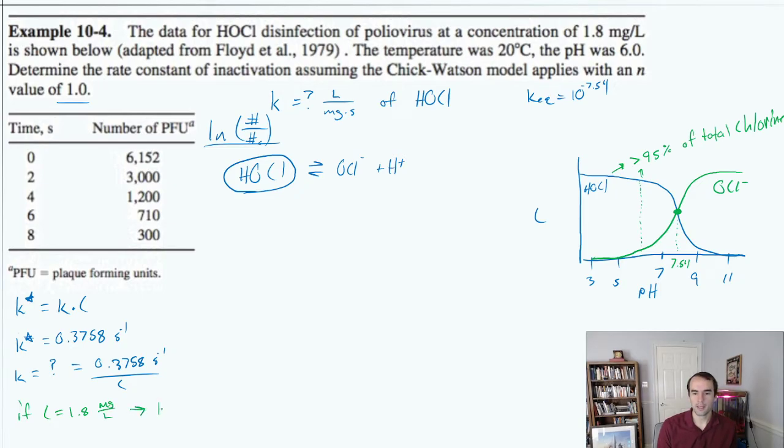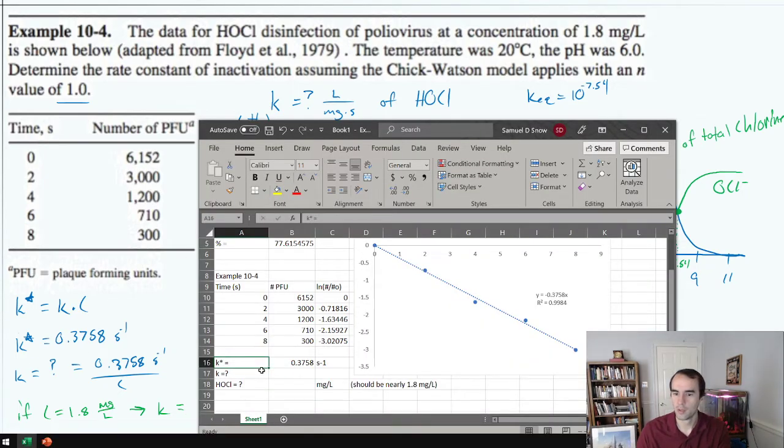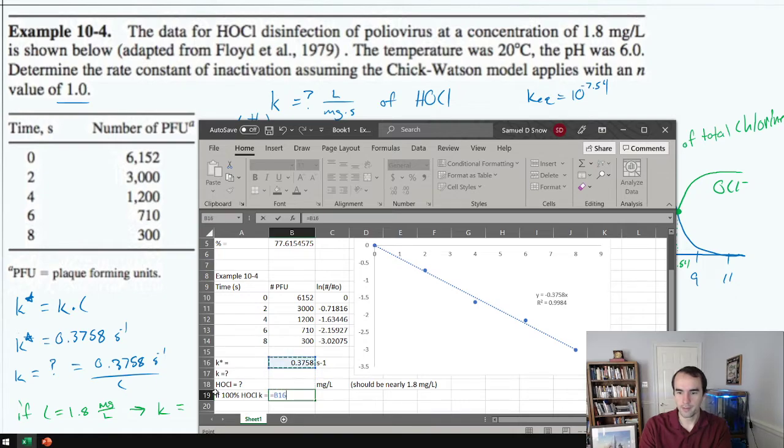then we can get a K equal to, and here we'll use Excel. So if all of it went to HOCl, which is not exactly right, but it should be nearly, then K is going to be equal to K star divided by 1.8 milligrams per liter.